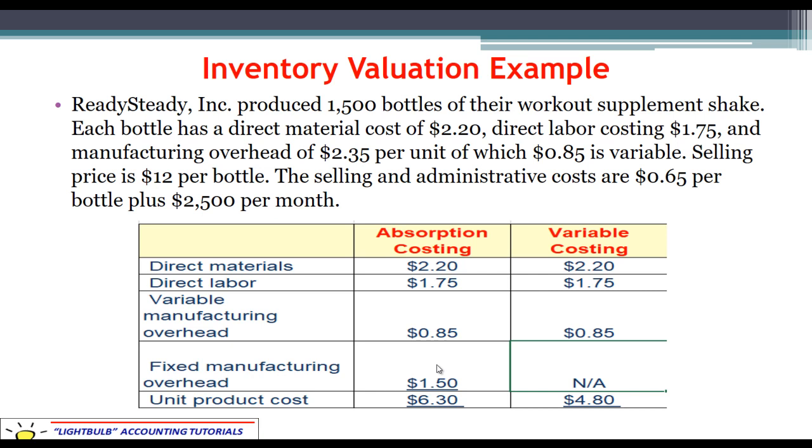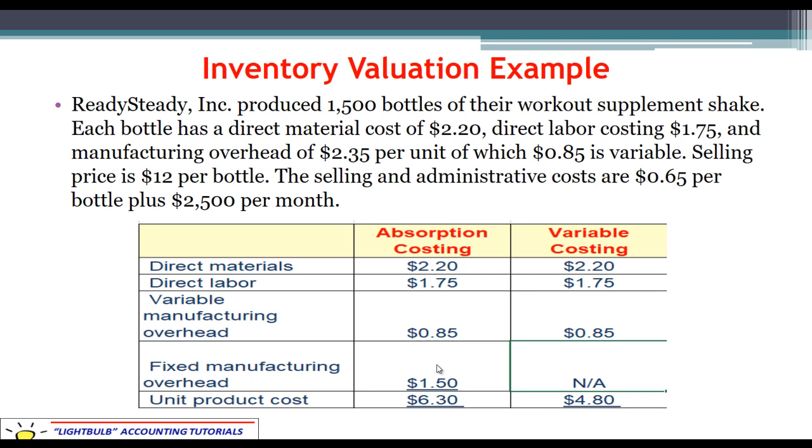Now we get down to the fixed manufacturing overhead. Again, that's $1.50 per unit. It will be considered a product cost under absorption costing, but it will not under variable. Instead, under variable, we're going to take the entire amount of fixed manufacturing overhead per month, which in fact they haven't even given us that number. We'd have to figure it out.